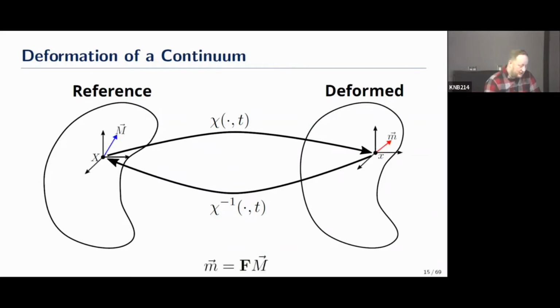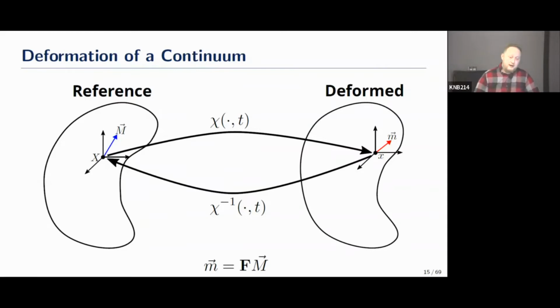So instead, what we tend to look at is we attach little local coordinate systems to points of interest on the body. And in that coordinate system, we consider vectors that emanate from those. In the reference configuration, we call those tangent vectors, say, big M. We use big letters for the undeformed configuration. And then those get mapped to some deformed vectors, little m.